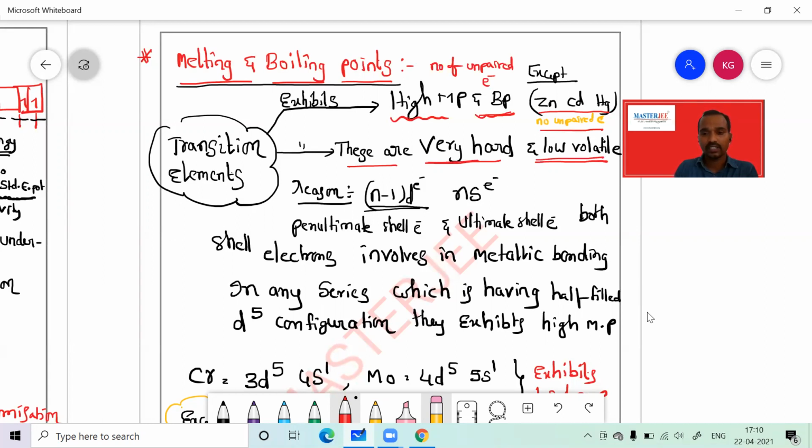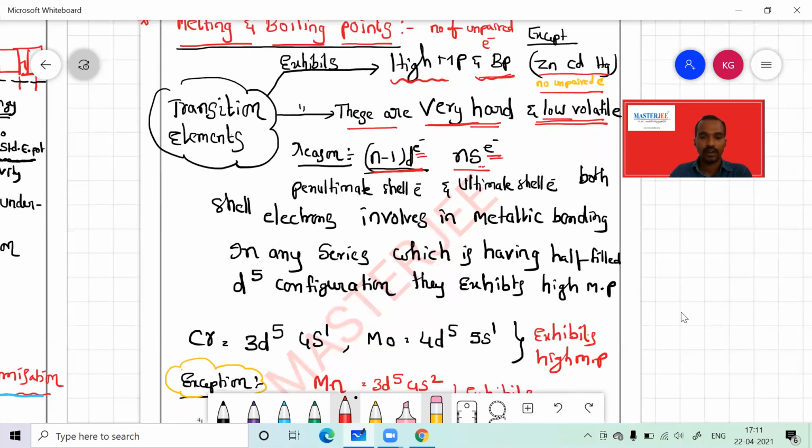Because of the participation of ns as well as (n-1)d electrons. Not only ultimate shell electrons but penultimate shell electrons are also involved in bonding, so very strong attraction forces take place between the atoms. So they are very hard and low volatile in nature. Okay, this is about melting and boiling points.